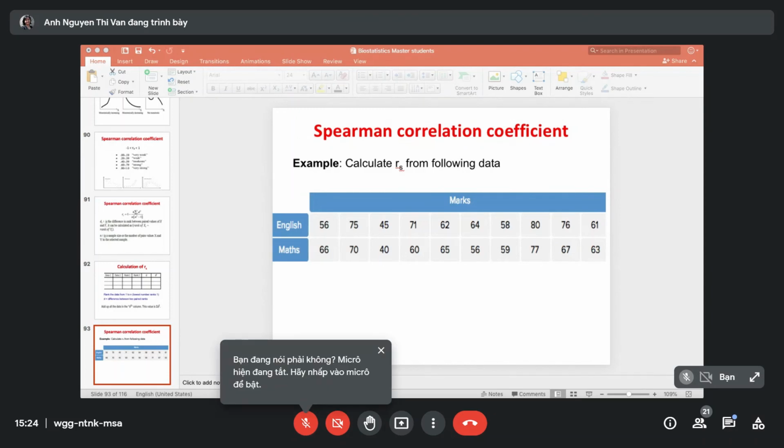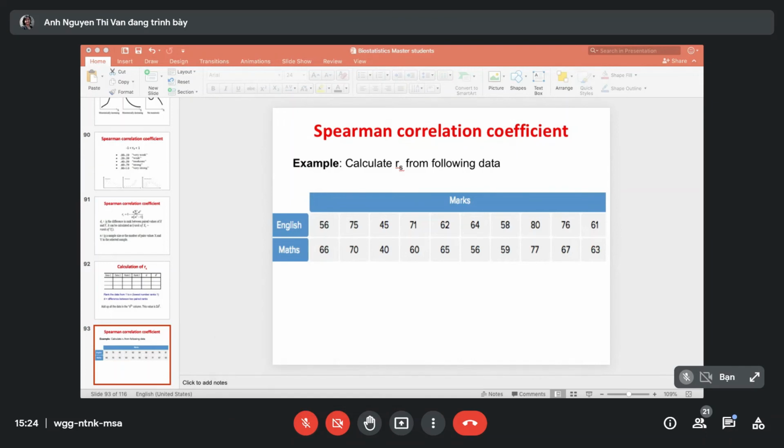And second, because this is a non-parametric test, the variable is not required to be an interval or ratio variable. So I think that we don't need to check the normal distribution.